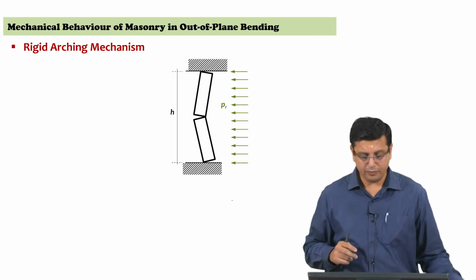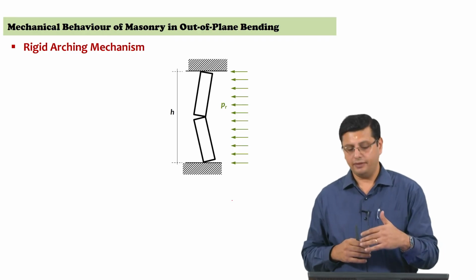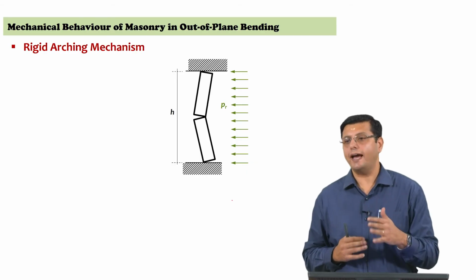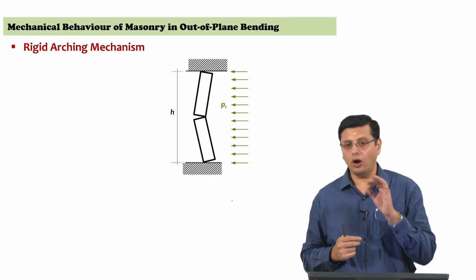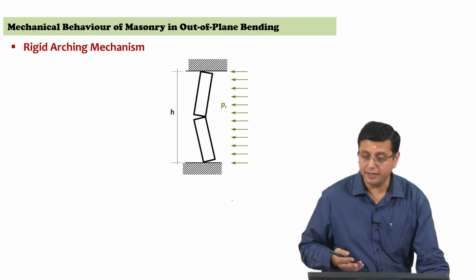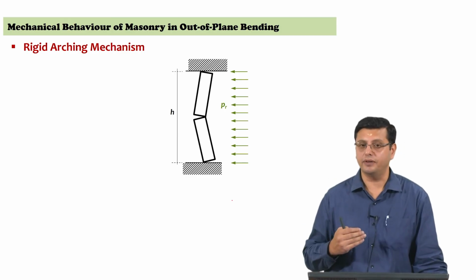Okay. So, if we were to assume this initial case where the non-moving supports are present, but there is no gap that exists between the wall and the support. So, in this particular case we are examining vertical bending, and the top and the bottom are the supports that we are considering now.